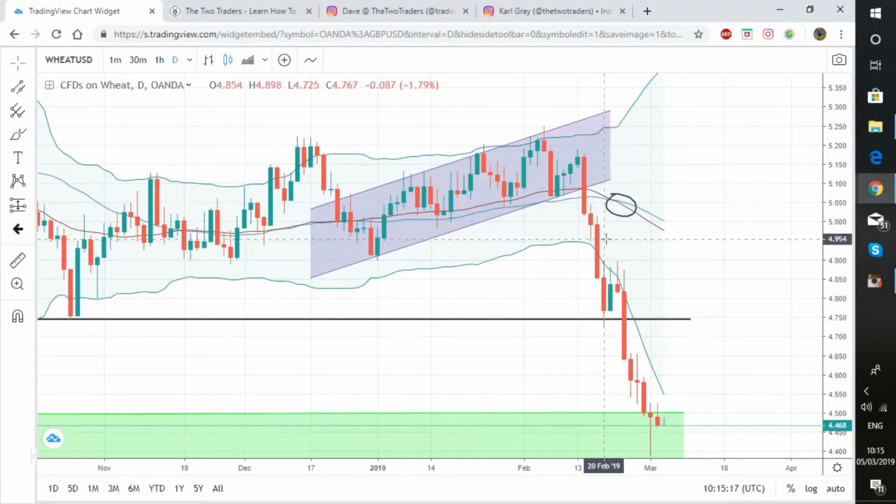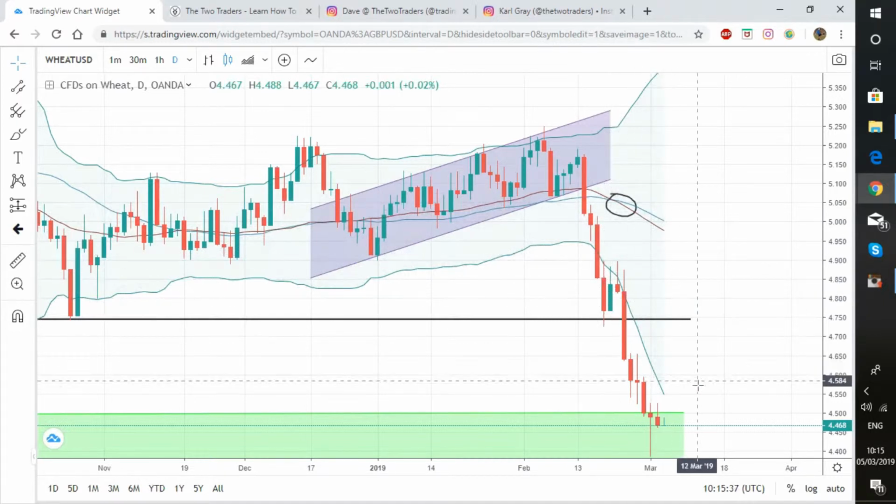The other thing I've highlighted here is the moving average. When your shorter moving average drops below the longer moving average, that's an indication of a downtrend. Now in this case, the shorter moving average had just gone below, and that's when we entered our position.